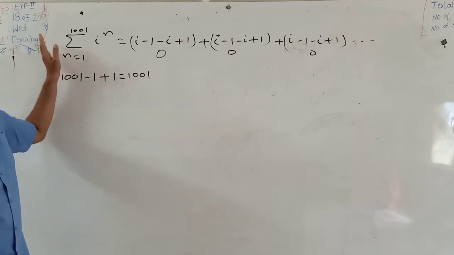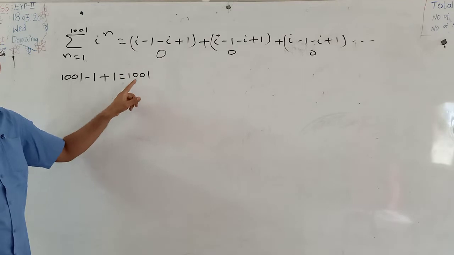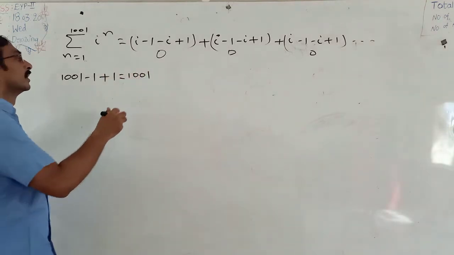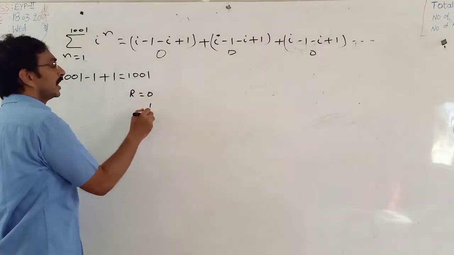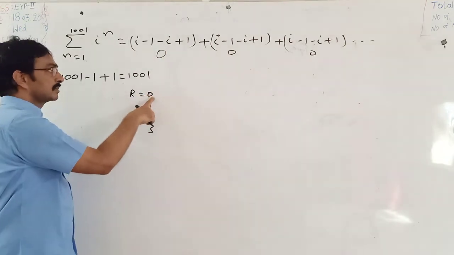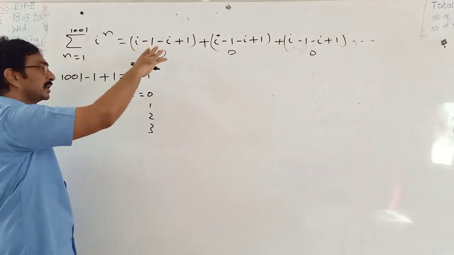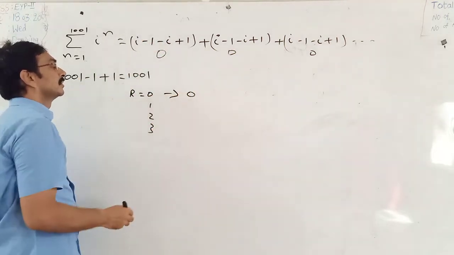Working rule for this type of problem: divide the number of terms by 4. The possible remainders are 0, 1, 2, 3. Remainder 0 means the number of terms is a multiple of 4, and in that case the answer is 0.